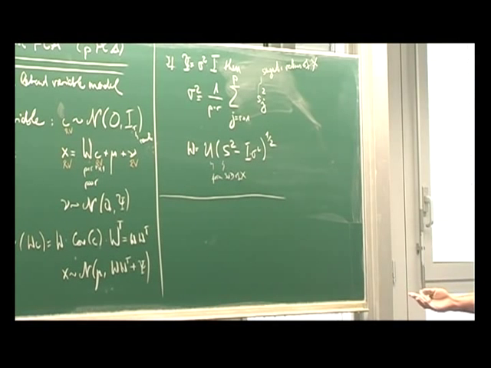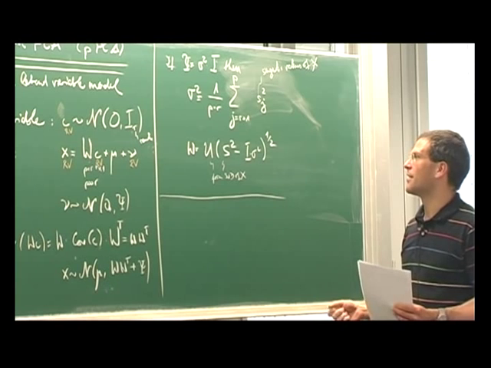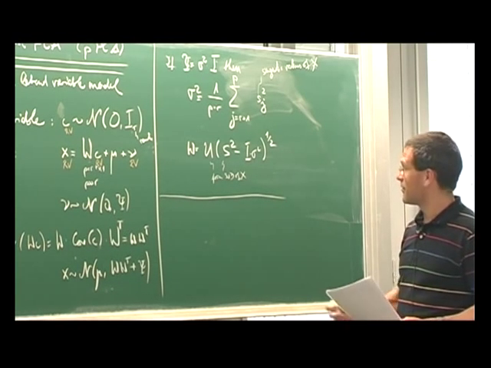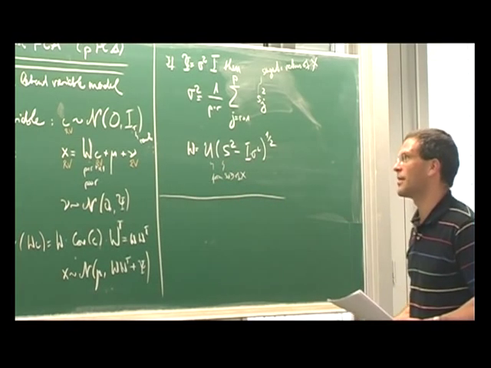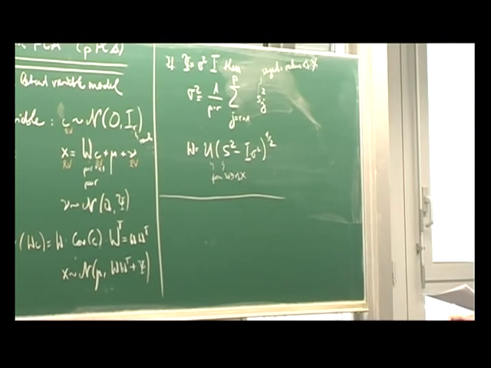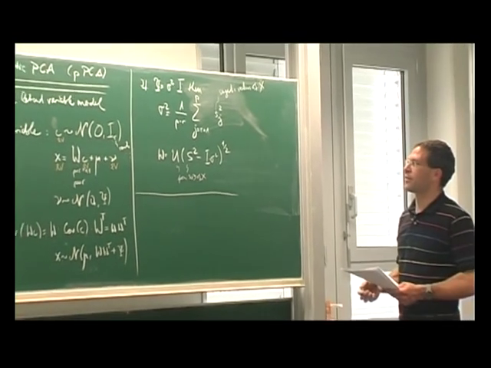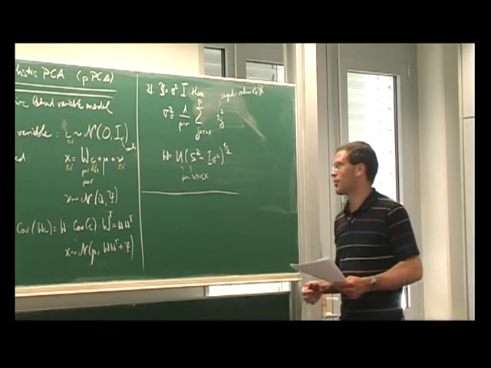Okay, so what has really happened? The eigenvectors that we find are still the eigenvectors from the conventional PCA solution, but the scores are a little bit different.